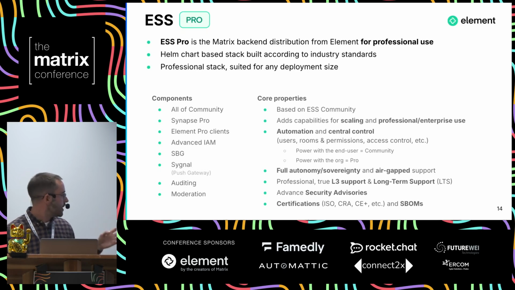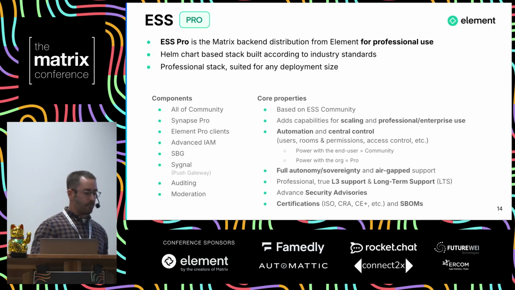Neil said it, the guiding principle earlier today: basically anything that empowers the end user or the individual is supposed to go into community, and anything that empowers the organization, central management, for instance, goes into the Pro edition.